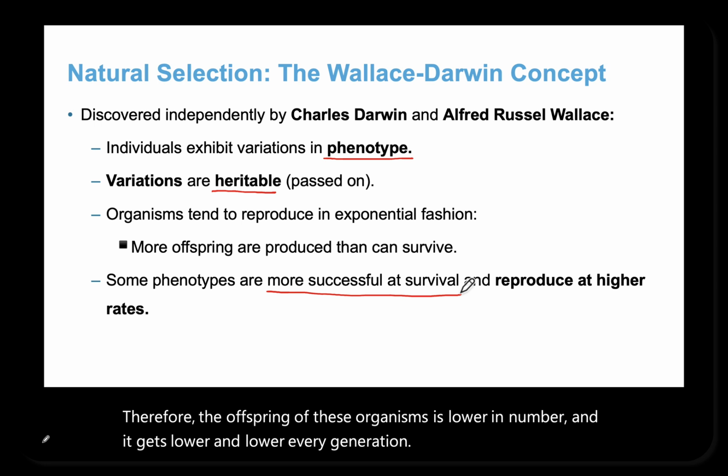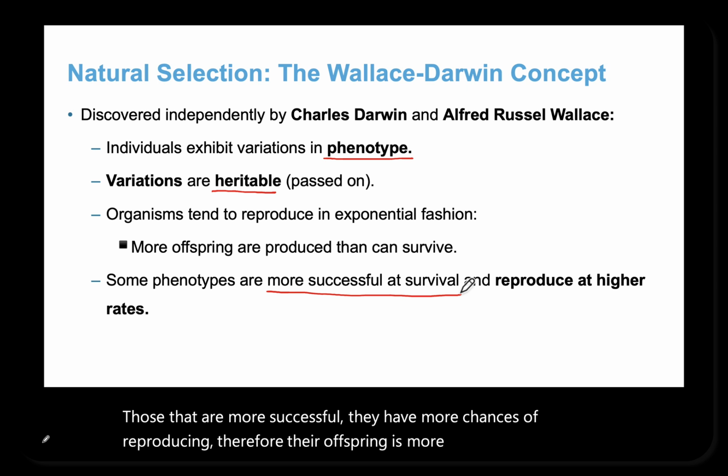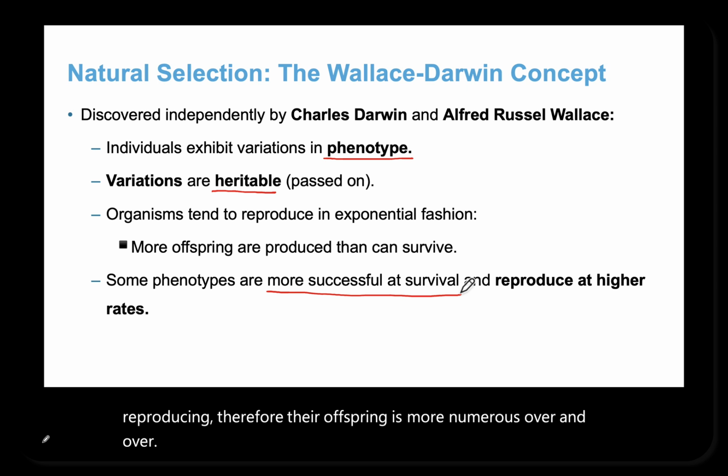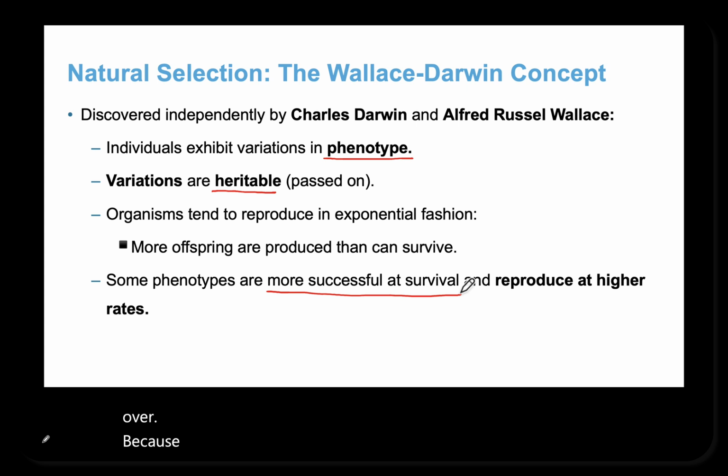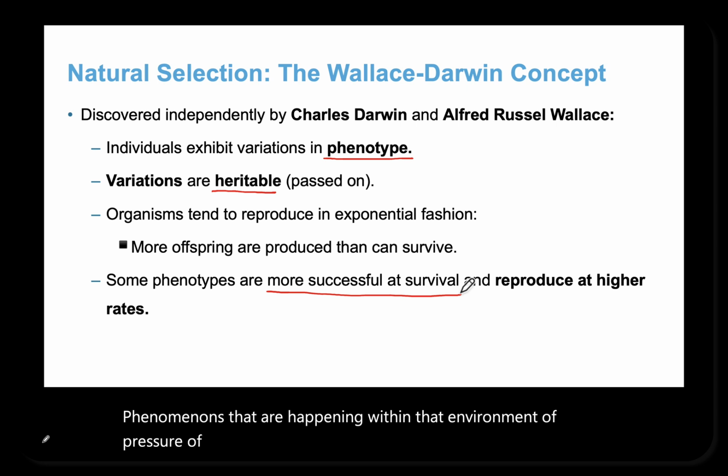Those that are more successful have more chances of reproducing. Therefore, their offspring is more numerous over and over, okay? Because of that, we call those phenomena that are happening within that environment natural pressures.